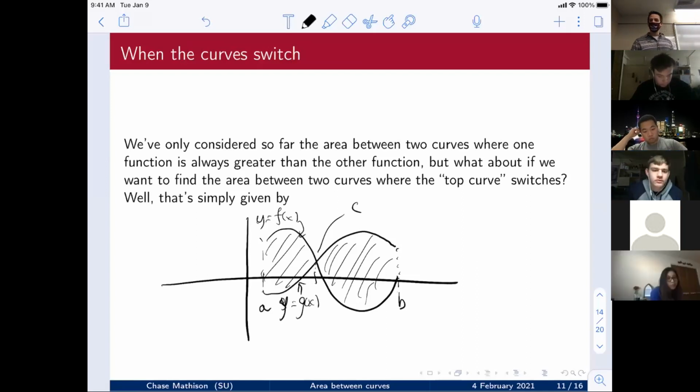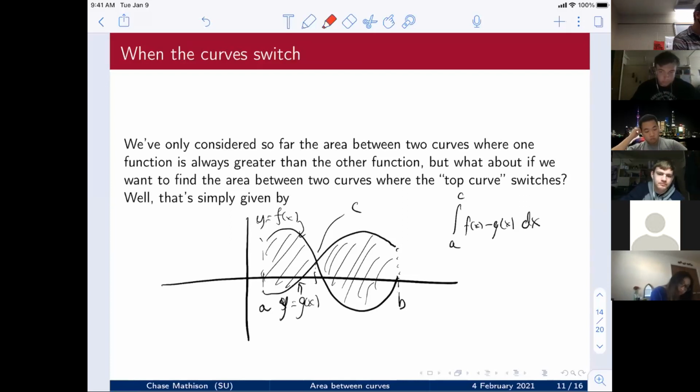The integral from a to c of f of x minus g of x. Good. So that gives me that area. Then what? You can tell me what comes next.